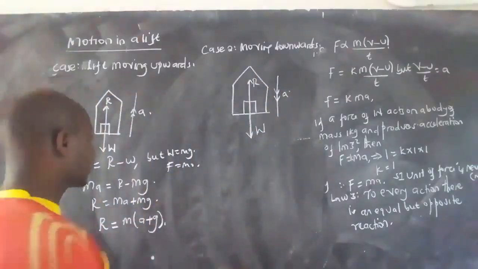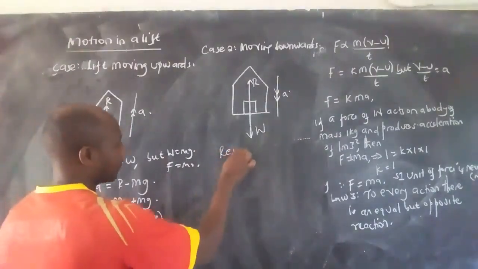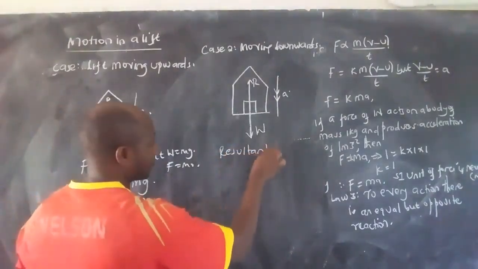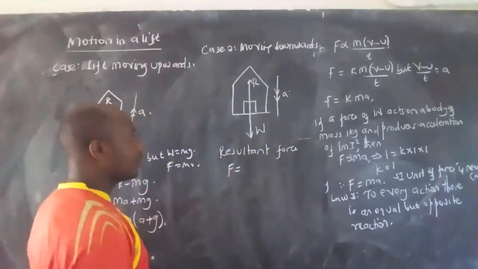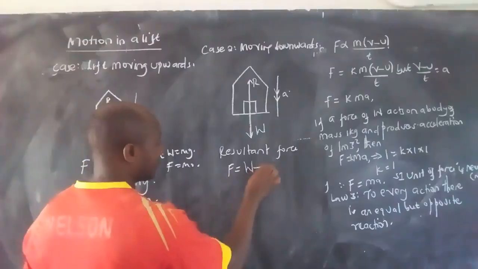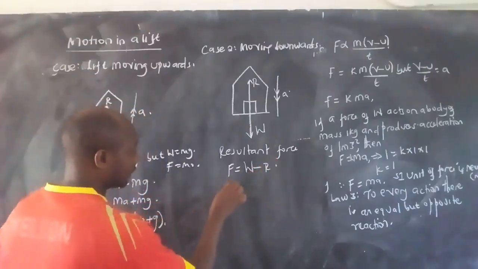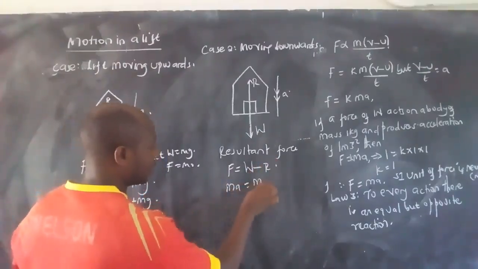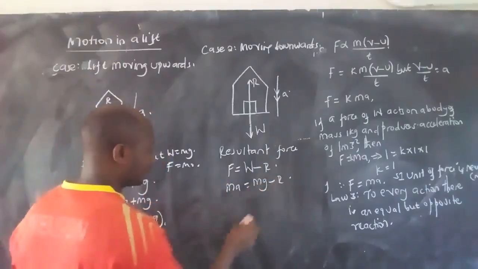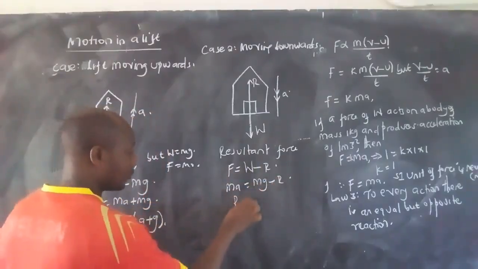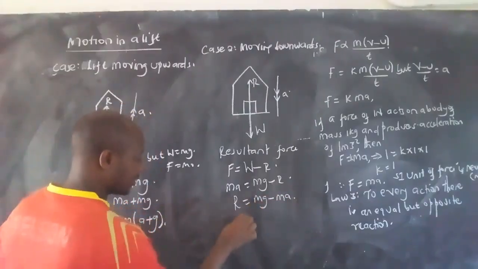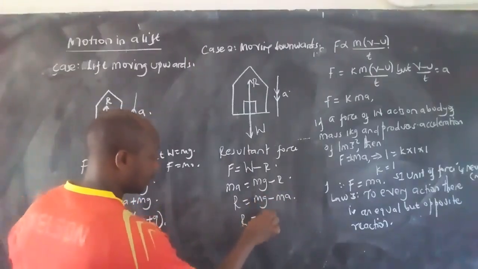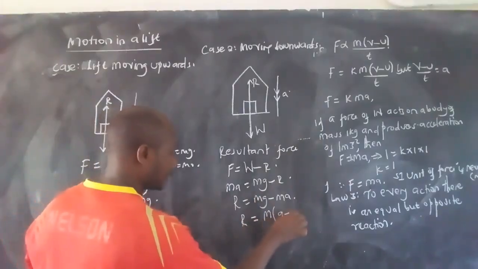So the resultant force. Resultant force will become what? W is greater than what? R. That means that ma is equal to mg minus R. So our R will become mg minus ma. So our normal reaction will now become m into (g minus a).